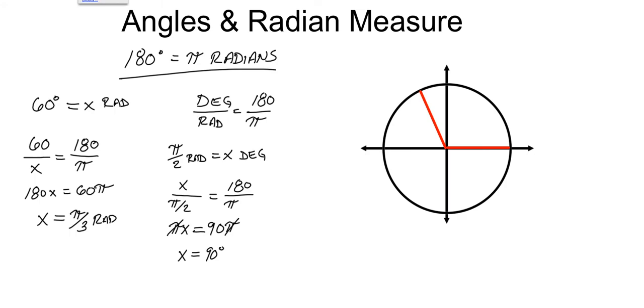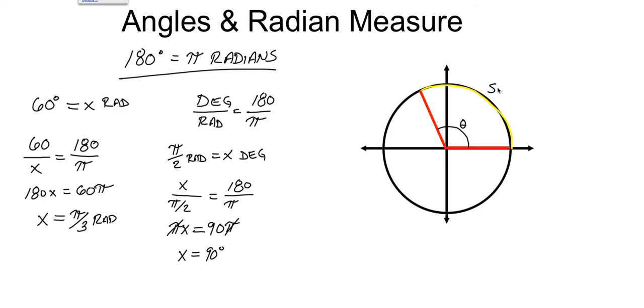We'll say that this angle measure here is theta. Now theta always represents the number of radians or the number of degrees inside of that angle. We'll call the arc length, which I'm going to highlight in yellow, S.